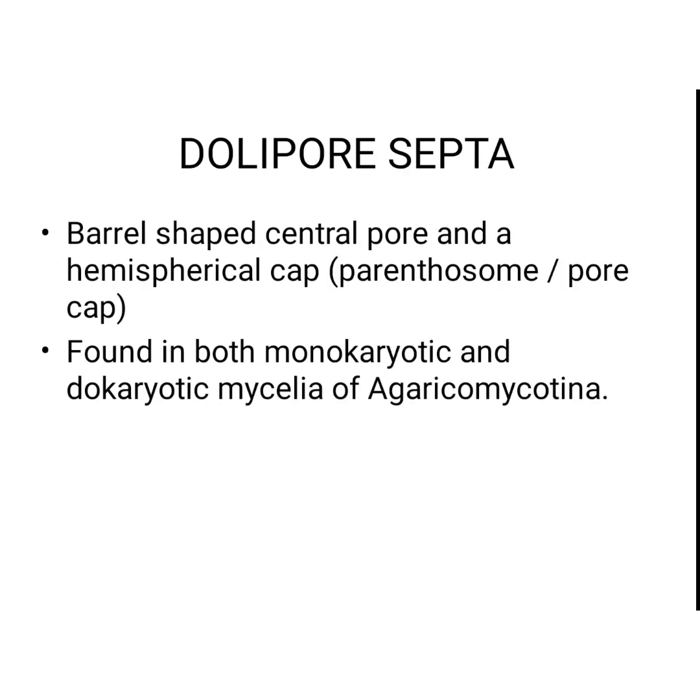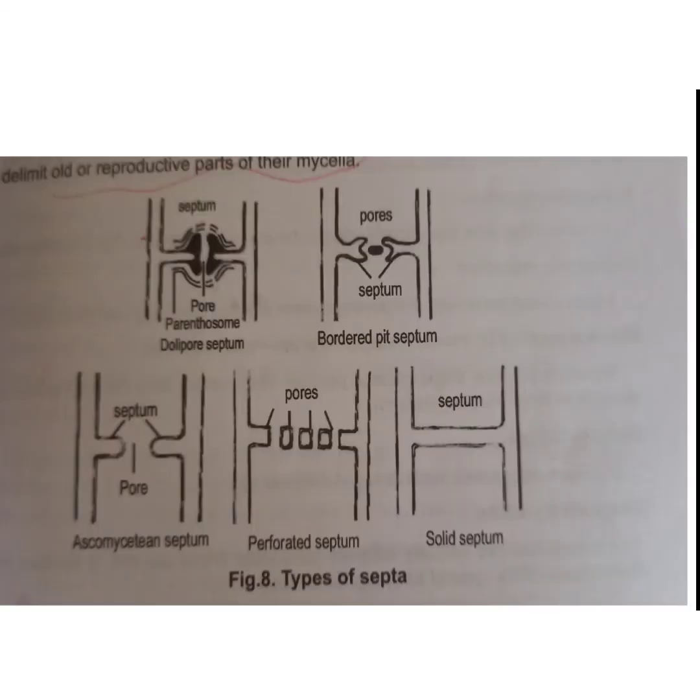And coming to the dolipore septa. Dolipore septa is a complex type septa with a barrel-shaped central pore and a hemispherical cap. That hemispherical cap is known as parenthosome or pore cap. They are found in both monokaryotic and dikaryotic mycelium of Agaricomycotina, which comes under phylum Basidiomycota. In this picture you can see various types of septa.